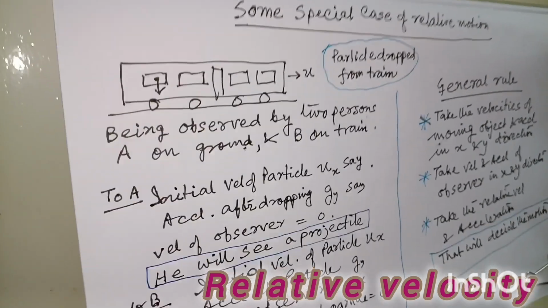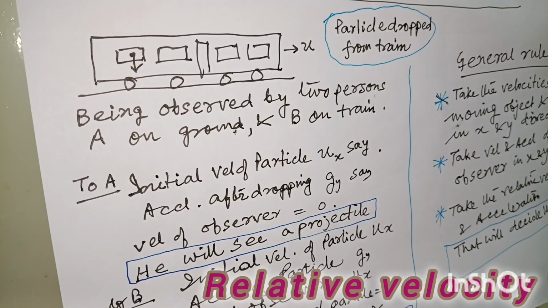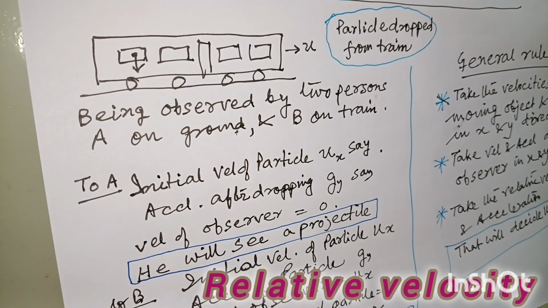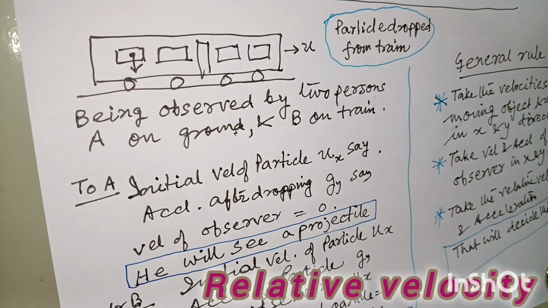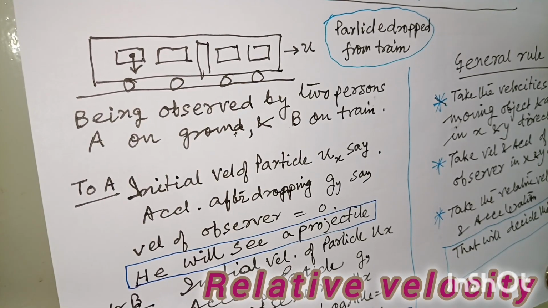Suppose we take the case of A. A is an observer who is at rest on the ground. Now, A has no velocity, so the velocity of the observer is 0. And the particle which is being dropped has an initial velocity because that is the velocity of the train.